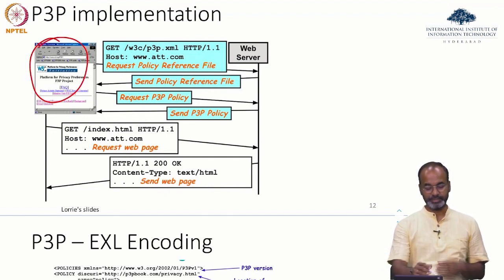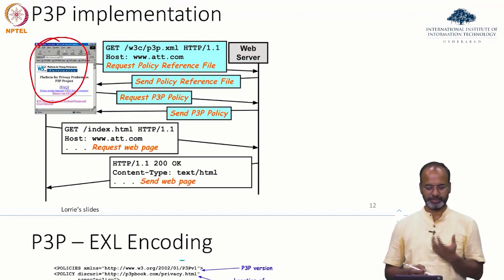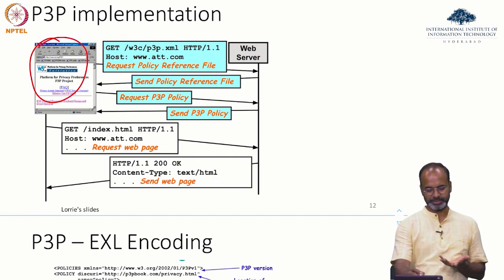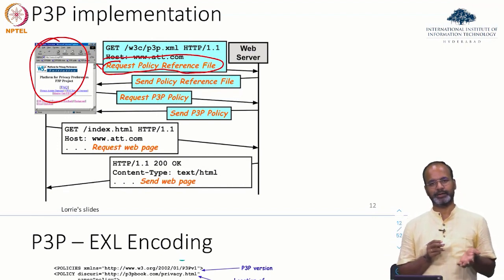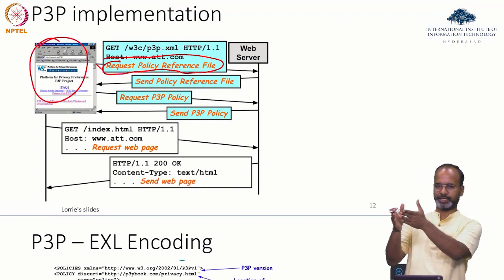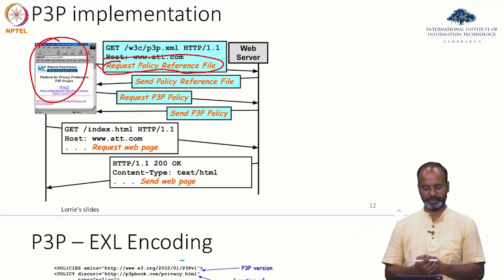IIIT.ac.in. Instead of the website actually being served, my web server, IIIT's web server, first looks at it. The request is sent as a request for the policy reference file. First, it is not asking for the website. It is saying, look, somebody wants to access IIIT.ac.in. It gets IIIT's website, and then it says, can you tell me where your privacy policy reference file is?